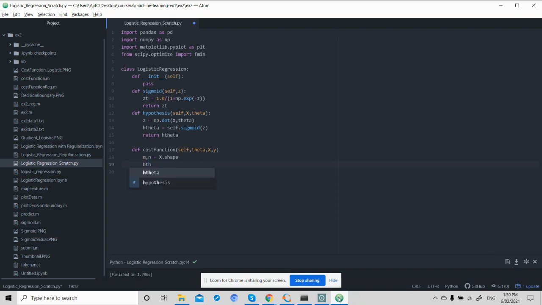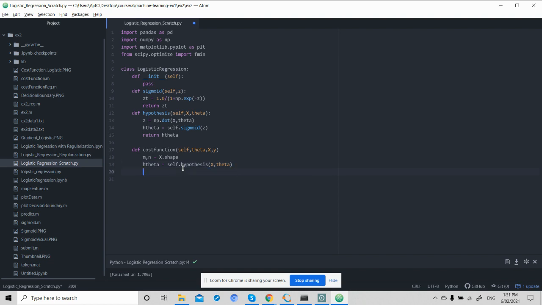My h theta will be self dot sigmoid of x comma theta.